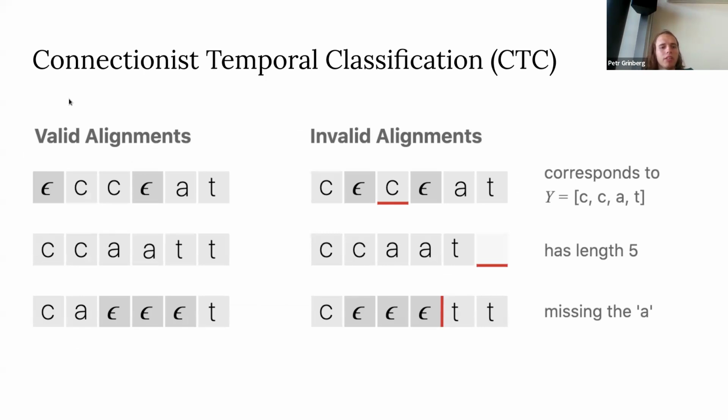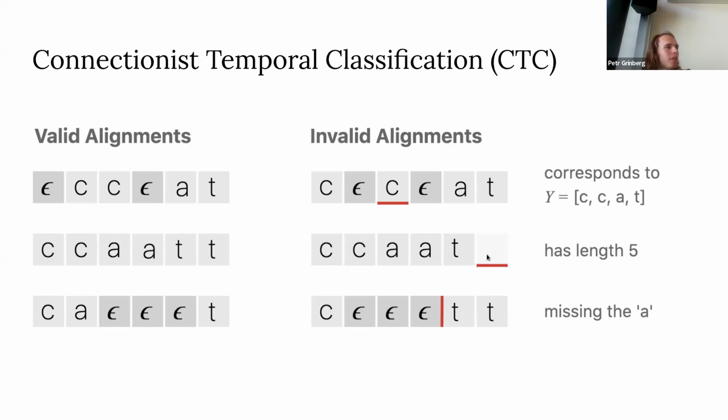So if you want to get the word cat, you have several possible valid alignments, like this one, or this one, or this one. They will result in the same word cat. But notice that this alignment is not correct, because this C and this C are separated via epsilon, and you will get CCAT instead of cat. Here, the problem is that you didn't predict anything for the last time frame.